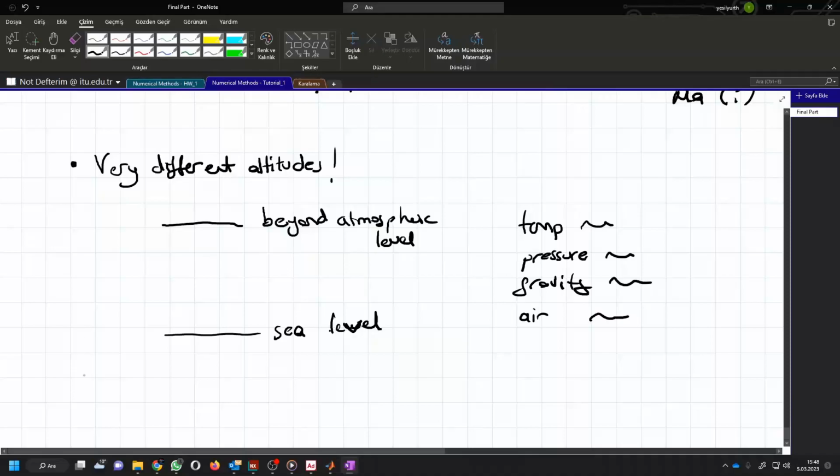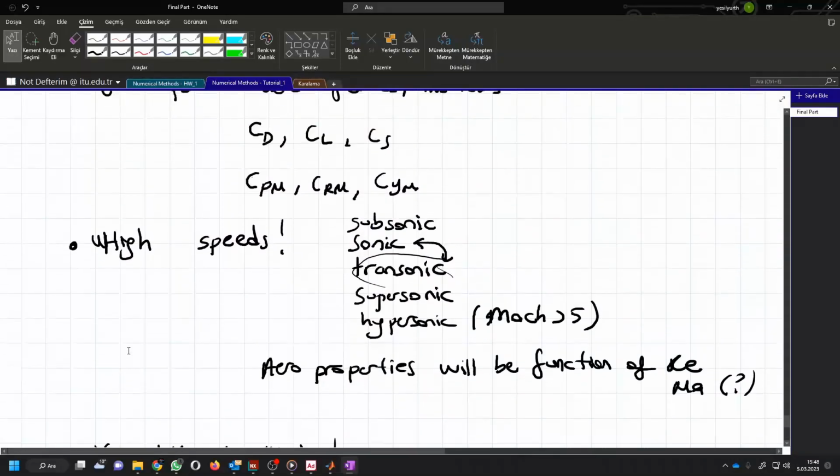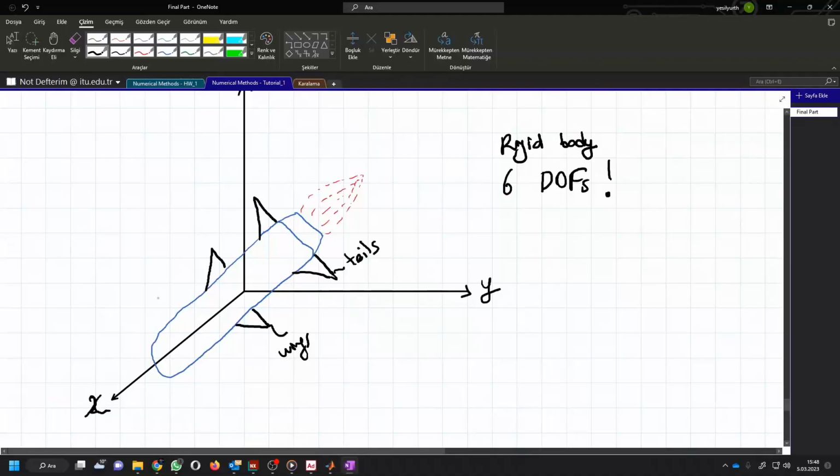So what else? Generally, to increase the maneuvering or maneuverability of the missile or a rocket, thrust force is used. What I mean by thrust force is you can change the direction of your thrust force like this.